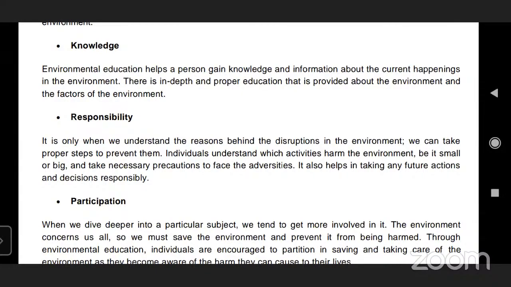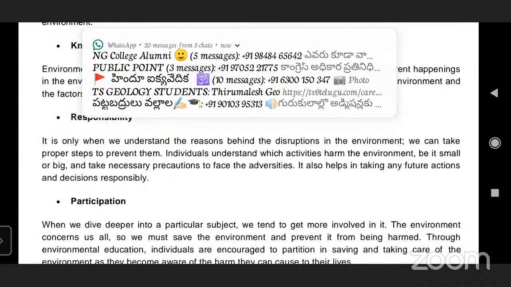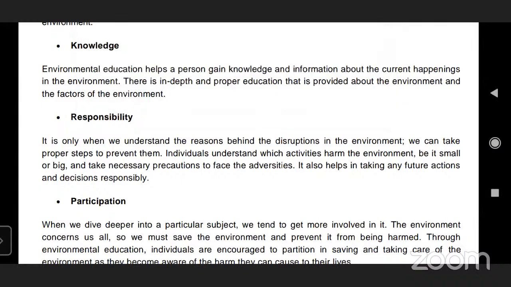The individuals understand which activities harm the environment, be it small or big, and take necessary precautions. It also helps in taking any future actions or decisions responsibly.